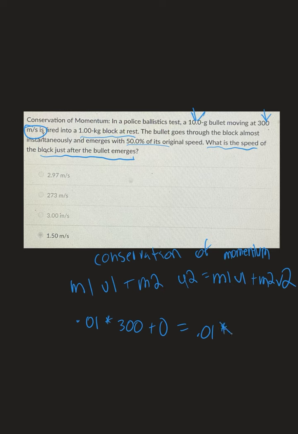This one's times 150 because it's 50% of the original speed for the second one, right? And then we do times 1. This is the V2, right? So we're looking for the speed of the block after the bullet emerges, which is V2, and that gives us 1.5 meters per second once you put that in.